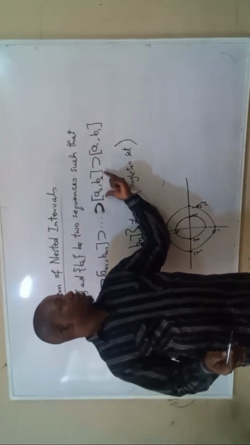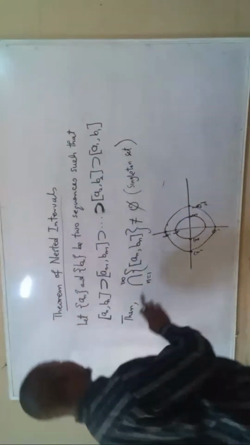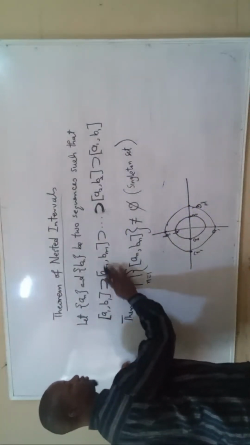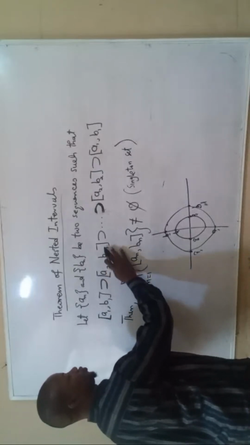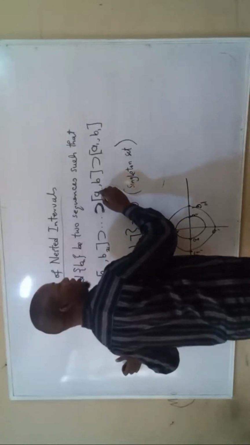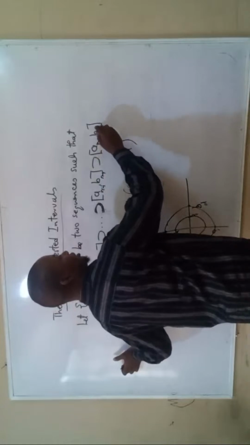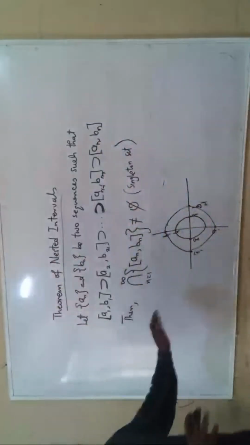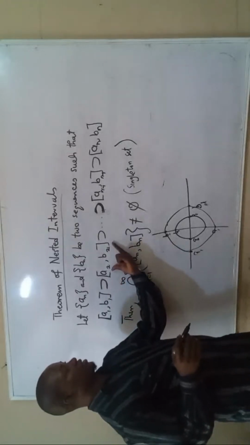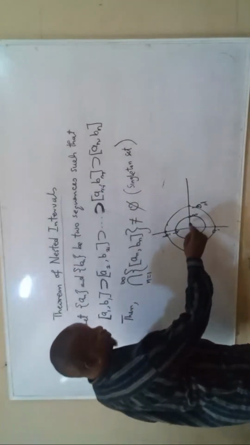Let's write this: this should be A1 B1, A2 B2, and this goes to n minus 1, and this is n. So the next interval after this is A3 B3, and that also is contained there.